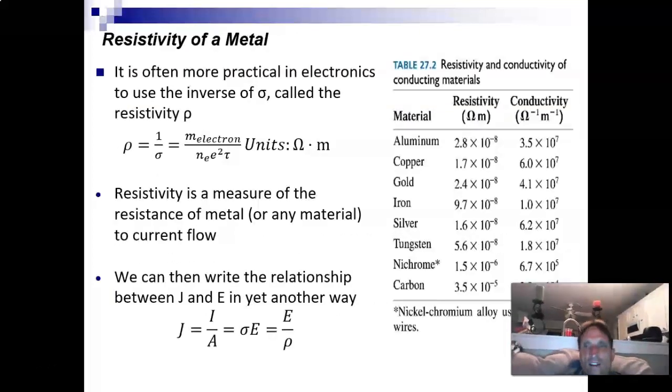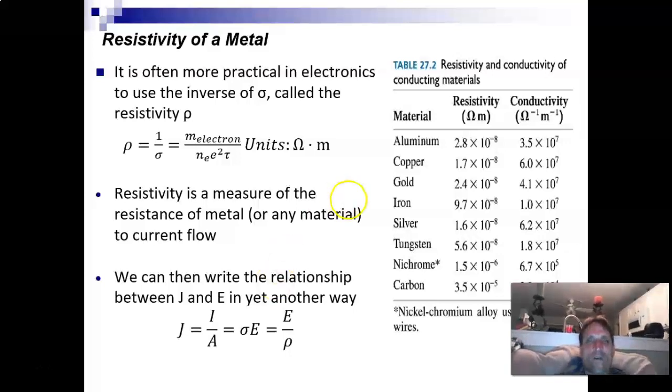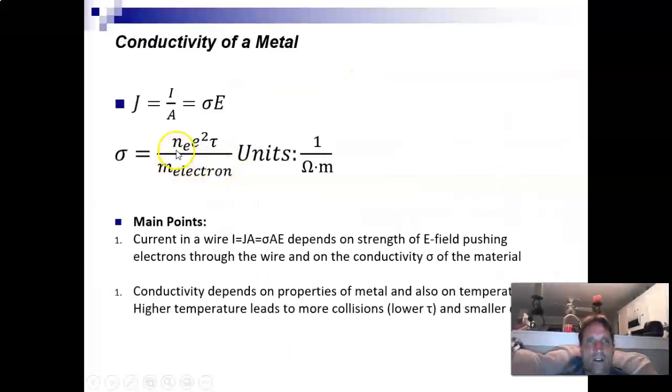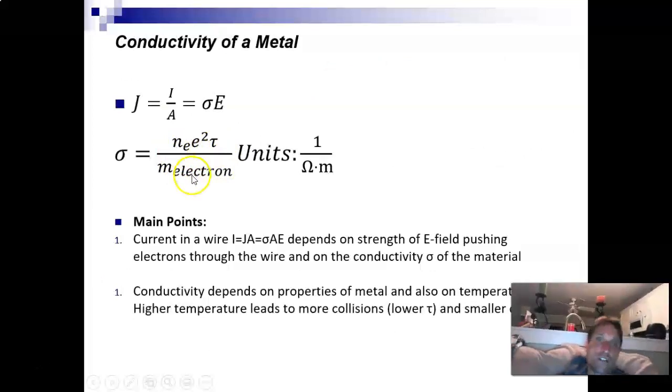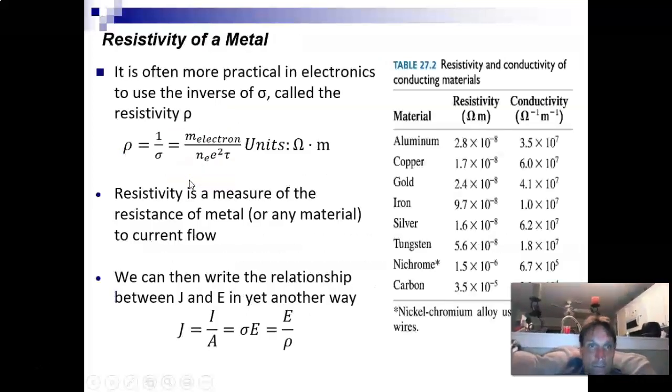Now, it's more practical in electronics to speak of what's called the resistivity, which is just the inverse of the conductivity. So we can flip the conductivity. It's the electrons per volume times the square of the charge of the electron times the time between collisions divided by the mass.